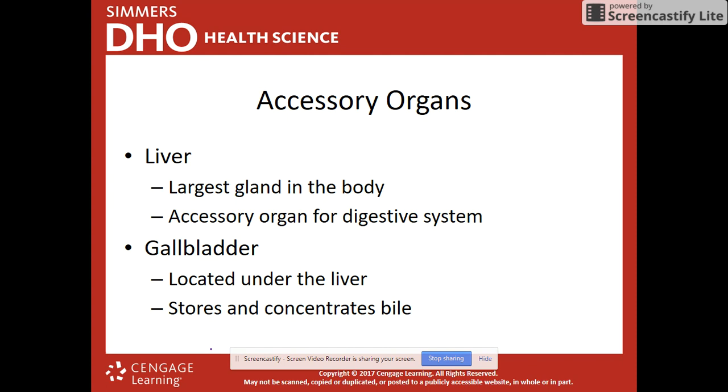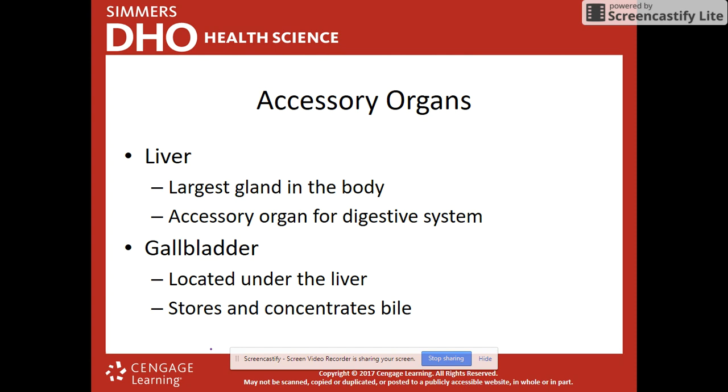Liver is a very important organ. Like I said, it's the largest one, and it is the only organ that can regenerate itself. So, you can cut a chunk out, give it to somebody else, and it'll regenerate itself. Pretty cool.